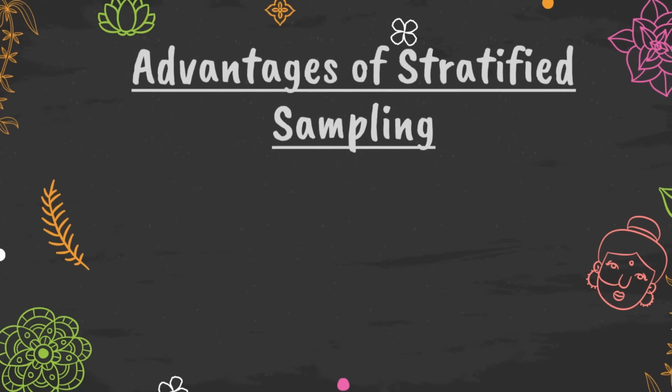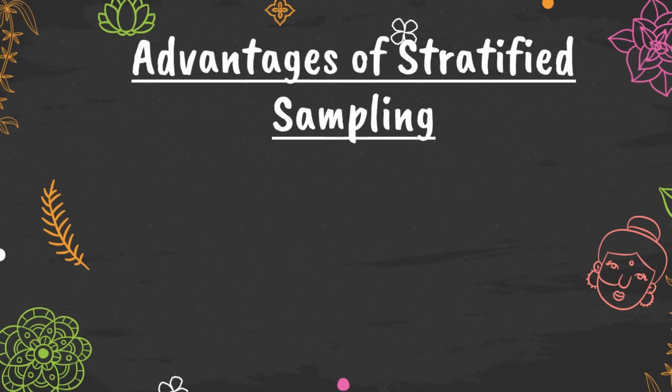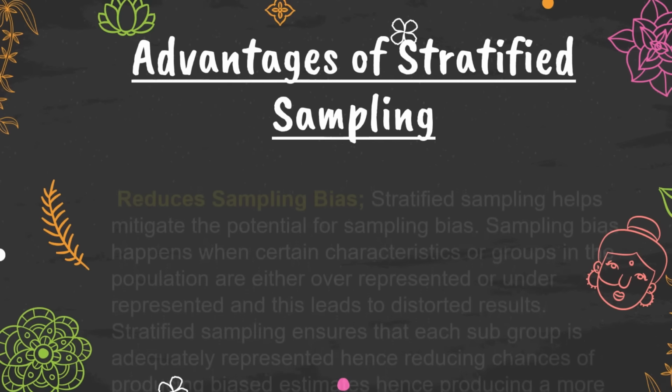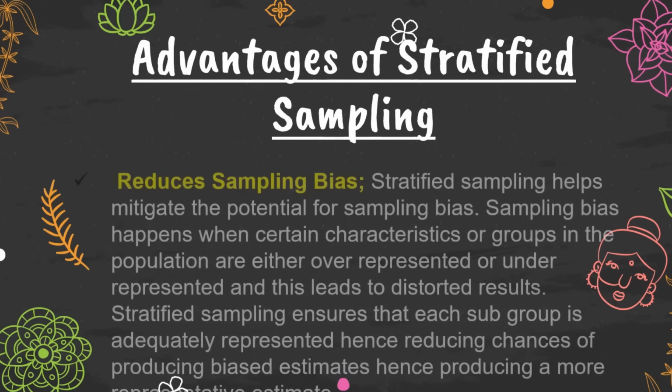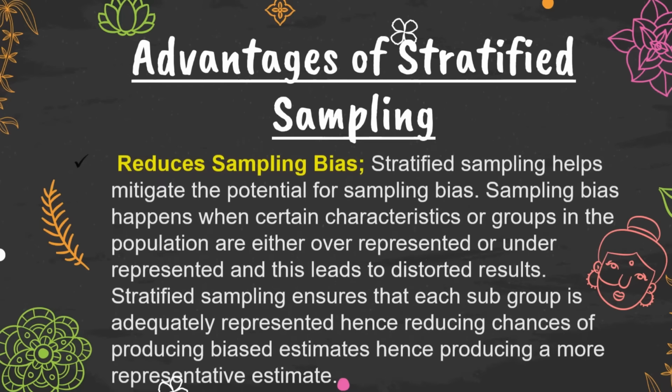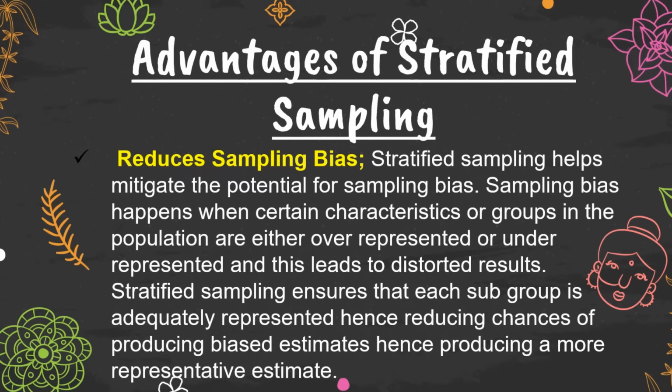Sampling bias happens when certain characteristics or groups in the population are either overrepresented or underrepresented, and this leads to distorted results. Stratified sampling, however, ensures that each subgroup is adequately represented, therefore reducing chances of producing biased estimates, thereby producing a more representative estimate.